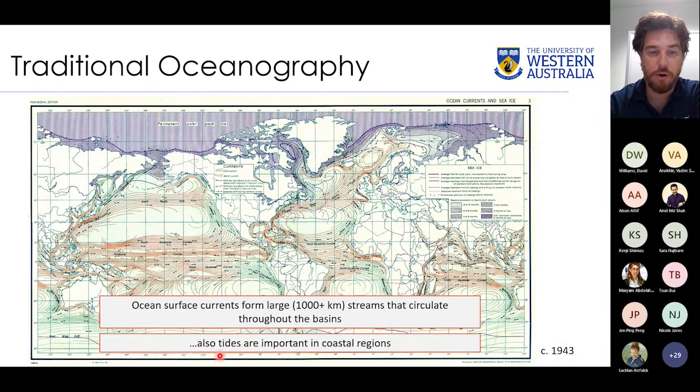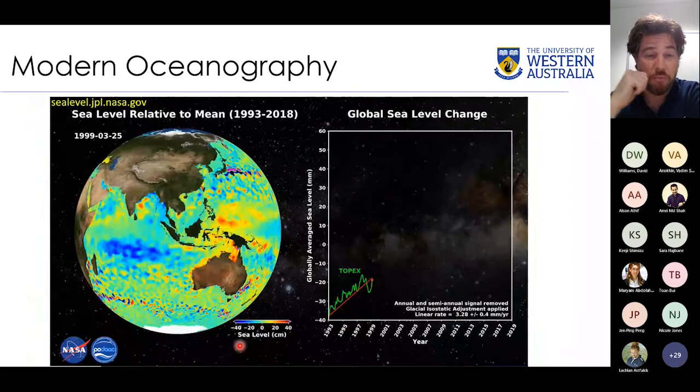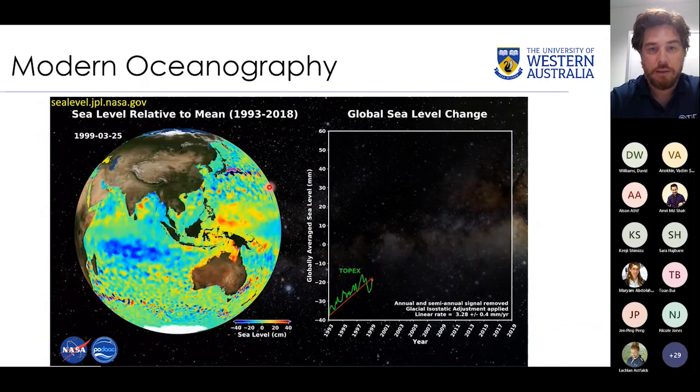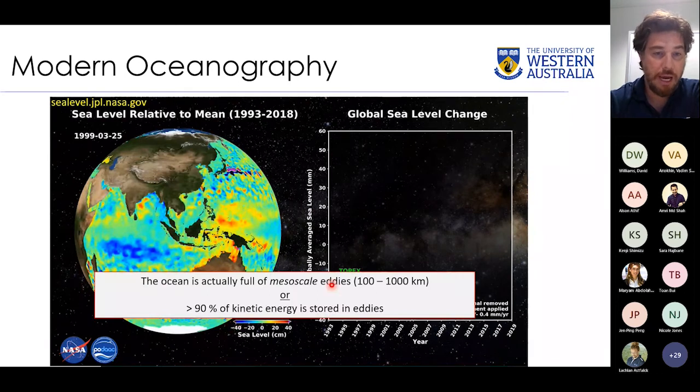The other thing that was known, and has probably been known for thousands of years, is that tides are important, especially in coastal regions. Then moving on to the modern picture of oceanography. This came about with the satellite era, from the 70s and 80s onwards, when they started measuring sea surface height in particular. It started to become clear that the ocean is actually full of eddies, not these big streaming flows.